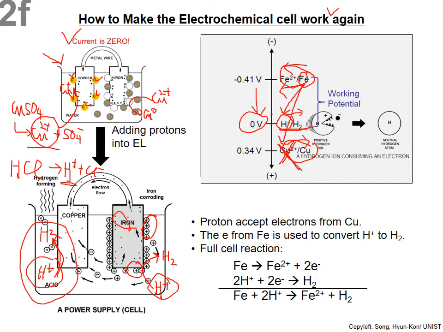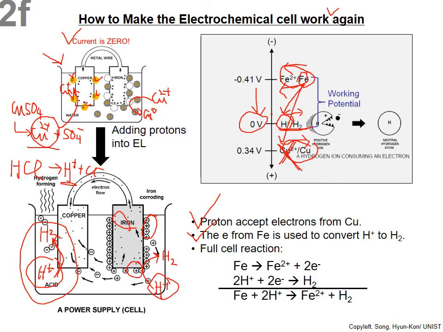Let me check some text. Proton accepts electrons from copper, and the electron from Fe is used to convert proton to hydrogen gas. Here is the full cell reaction.